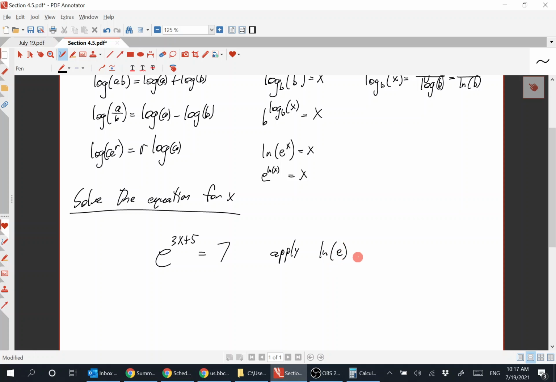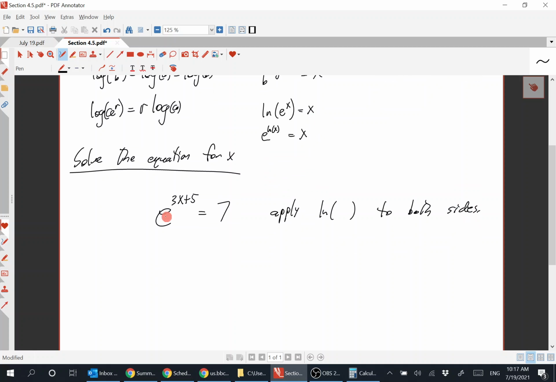Apply the natural log function to both sides of the equation. Because a is equal to b, the natural log of a is equal to the natural log of b.